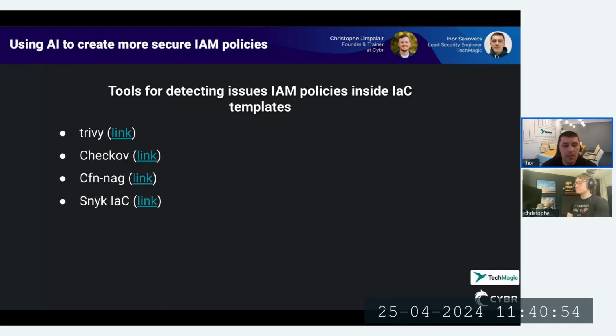And the last one is Snyk Infrastructure as Code, and as with Trivy and Checkov, it covers CloudFormation and Terraform and helps you find misconfiguration issues with the policy itself, as well as check for overly permissive policies, and it even suggests fixes for these policies.